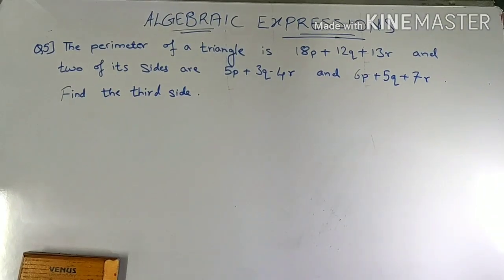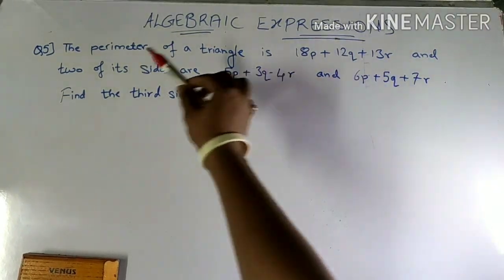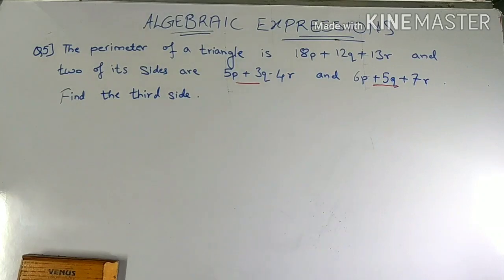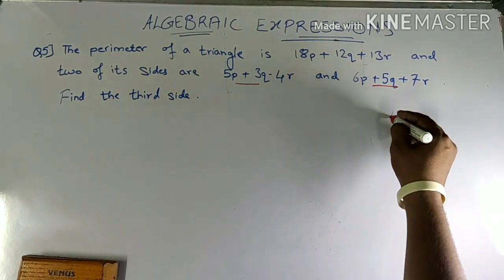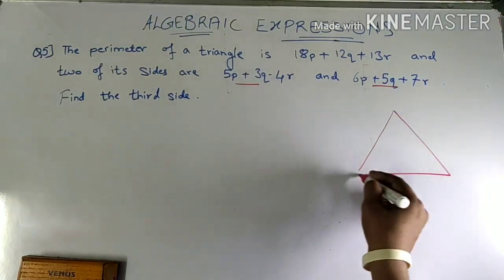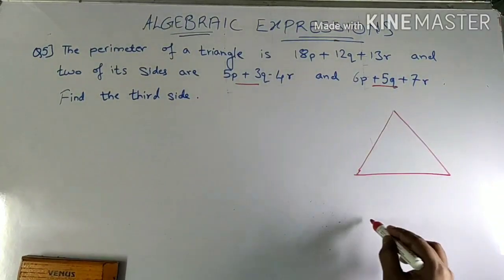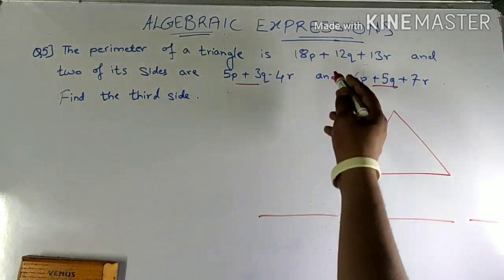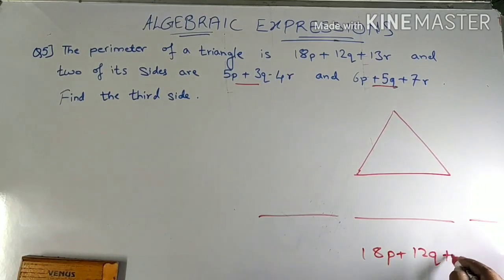So let's look at this question. The perimeter of a triangle is this and two of its sides are this and this. Find the third side. For this you need to first visualize or imagine that there is a triangle. The perimeter of it, that means when you add all these three sides, becomes 18p plus 12q plus 13r.